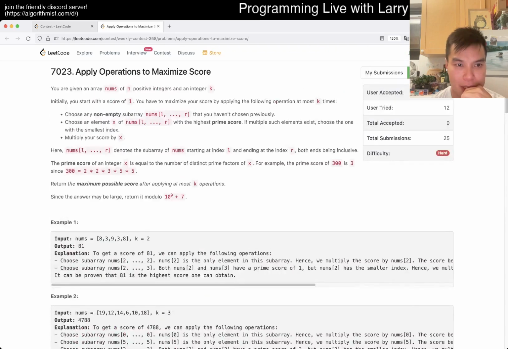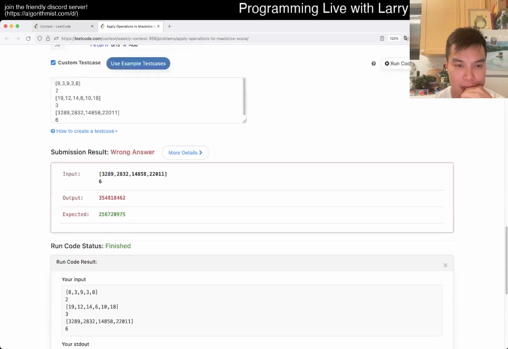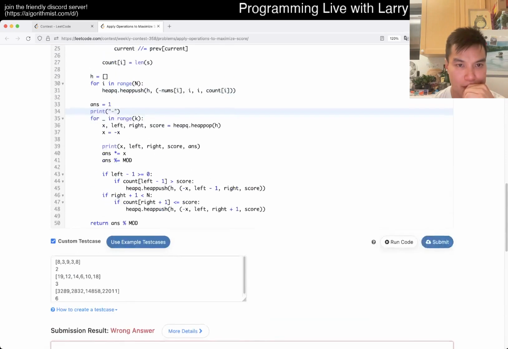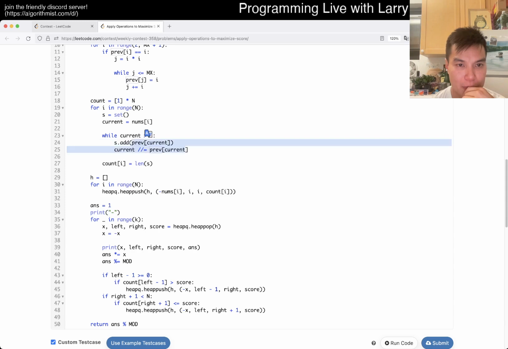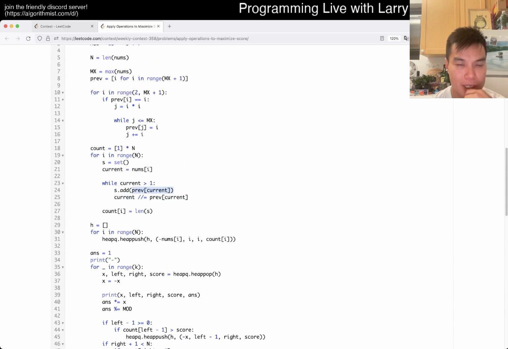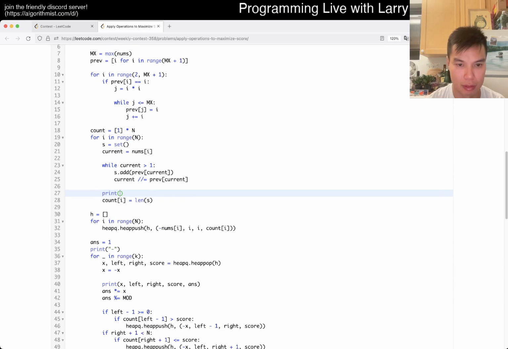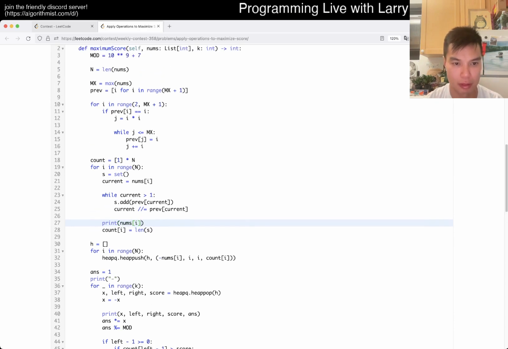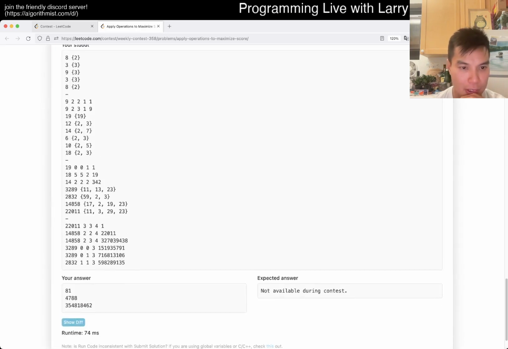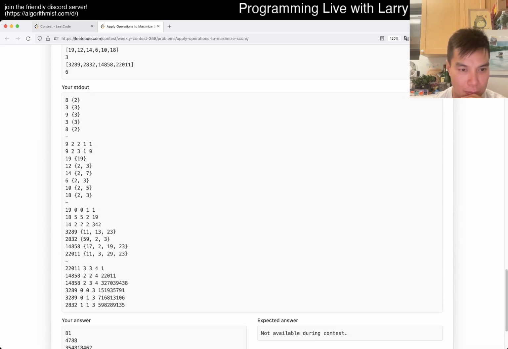It's just primes, right? And I am adding just the... Oh, actually, am I adding the prime? Yeah, I'm only adding the prime. This should be okay. Take a look real quick. Yeah, that looks okay. My code here should be good.